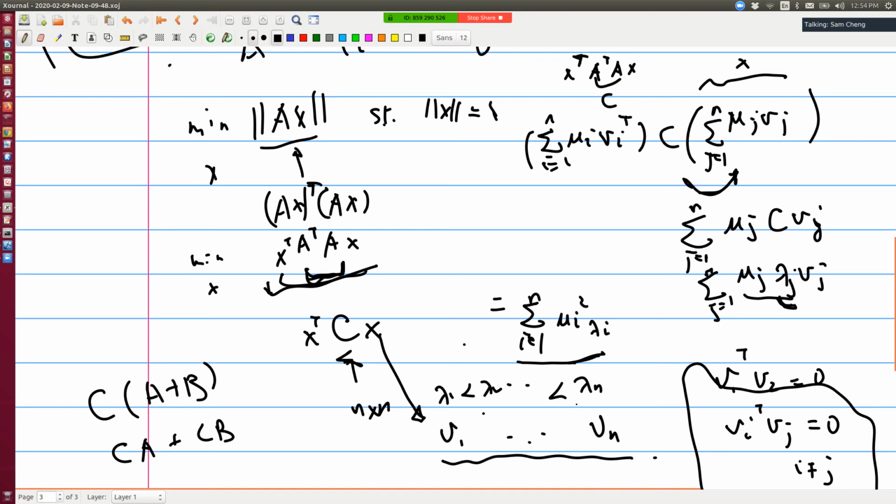So again, I want to minimize this guy here. And I have the constraint I derived earlier that the norm is equal to 1. That's basically saying that the sum of mu squared is equal to 1. So what is the choice of mu that will minimize this and satisfy this constraint?